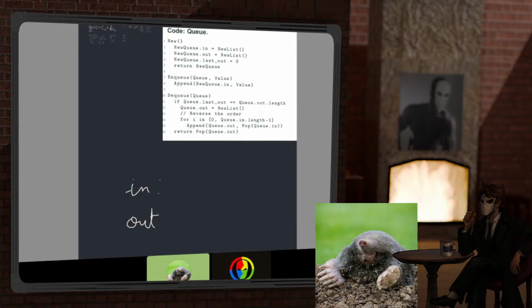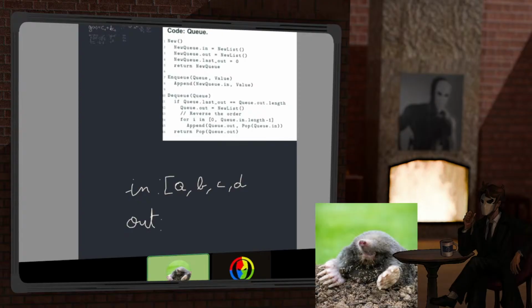When adding things, we are just going to add them to the end of the input list using the append function. So for example, we are going to add A, B, C, D, and then at some point, we might want to extract a value, so dequeue a value.